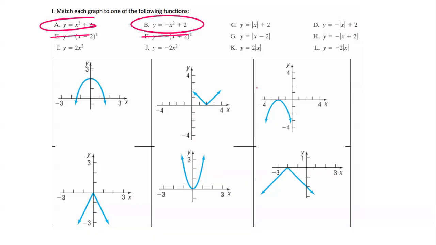Because it's going up or down, but in this case it goes up. So it has to be between A and B. So it can't be I or J because it's just talking about stretching that function. So in this case, since it's upside down, it has to deal with reflection. Okay. So the answer to the first one there should be B.